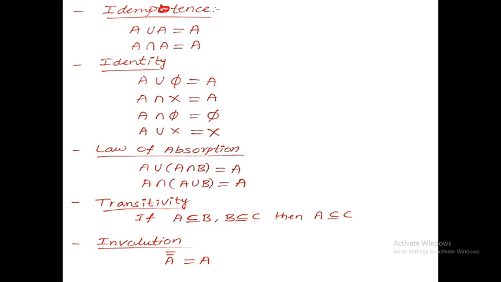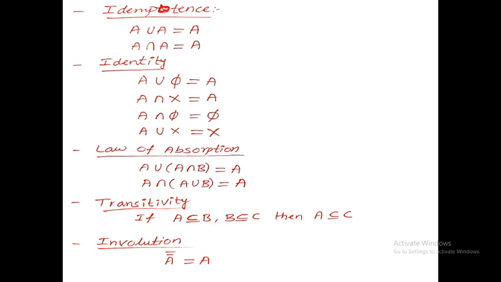Next, the idempotence property. Here A, B, C are all different crisp sets. You can parallelly verify the same thing with Venn diagrams also, as you might have learned in mathematics and as we saw in the last session.